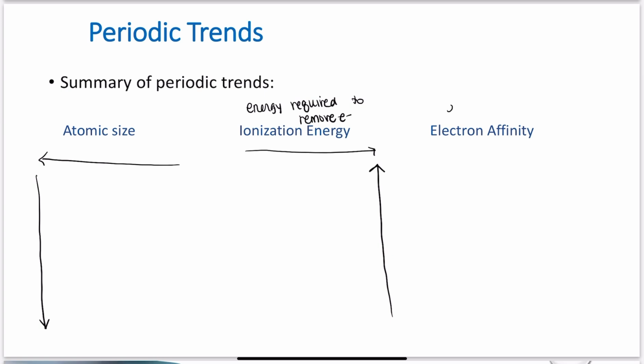Electron affinity is the energy released when an electron is added. Ionization energy is required for removing an electron. Electron affinity is energy released because we're adding an electron, so it's the energy released when an electron is added to an atom or an ion. Generally speaking, it goes across the table like this, but there are some really important exceptions here as well.